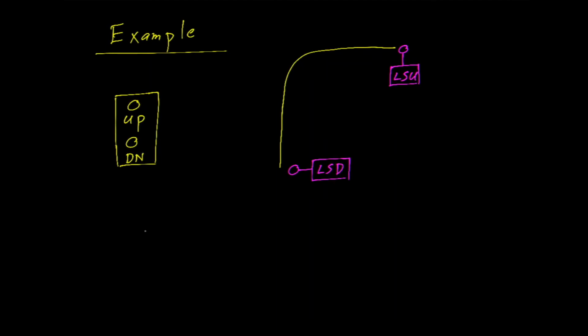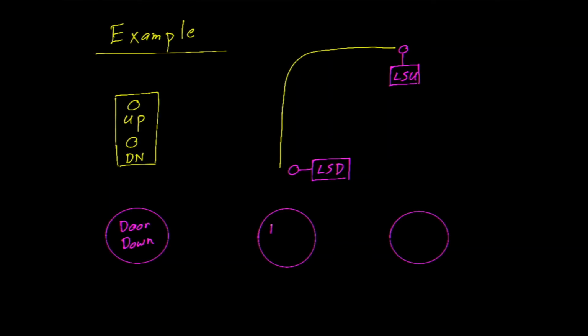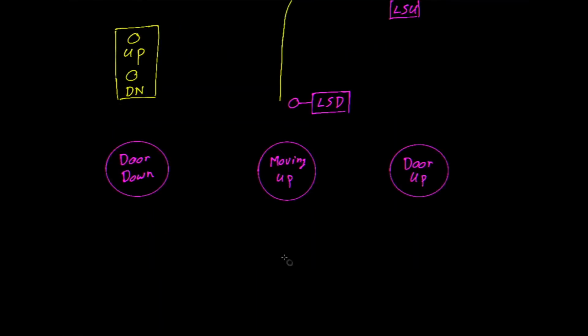As a first approximation, let's assume 4 states. Call this first one door down, moving up, door up, and of course the final state is moving down.